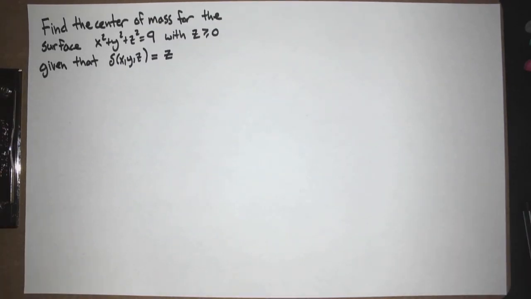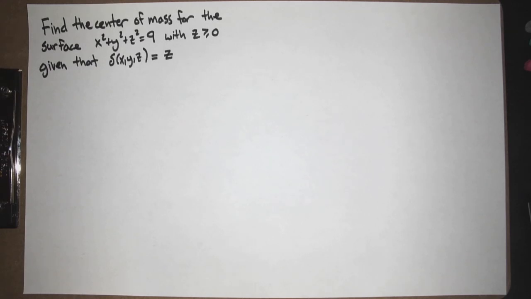Find the center of mass for the surface x squared plus y squared plus z squared equals 9, where z is greater than or equal to 0, given that there's a density function, delta of x, y, z equals z. Let's first make sure we understand what our surface is.